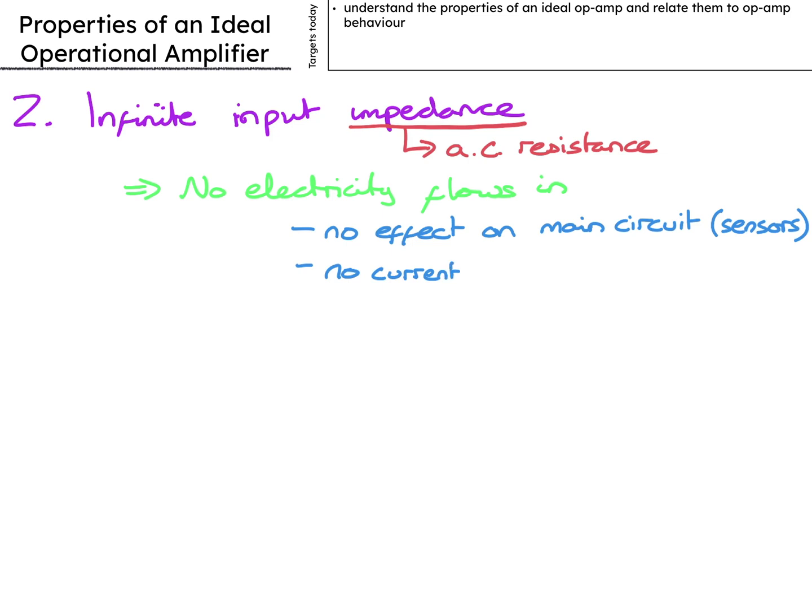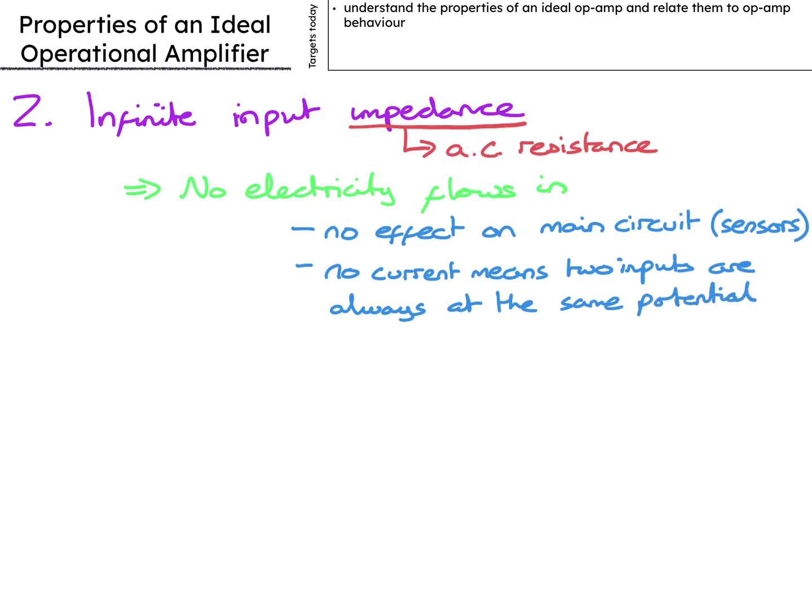Second, with no current flowing in either input, the 2 inputs will always have the same potential. In fact, if you think of the op-amp as a device that is constantly working to keep these 2 potentials equal, it will explain a lot. We're not there yet though, I'll come back to that another time. Okay, so property number 2 was infinite input impedance.